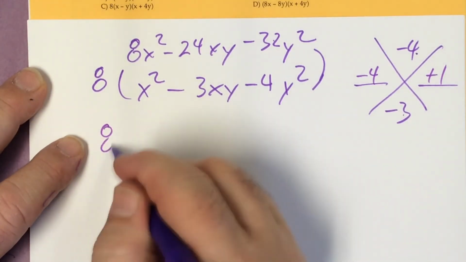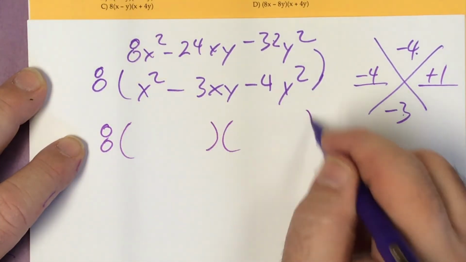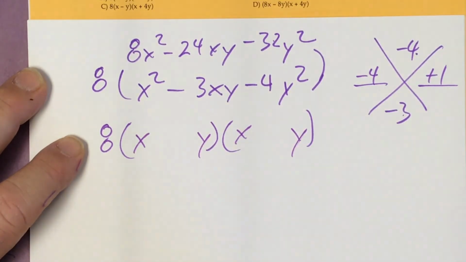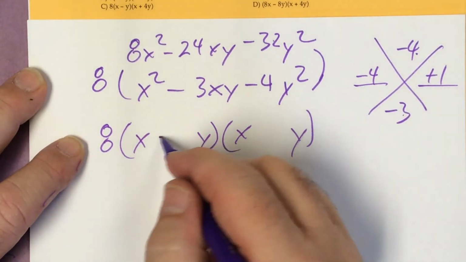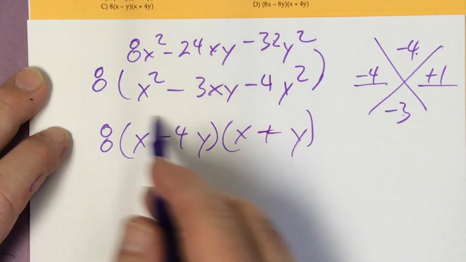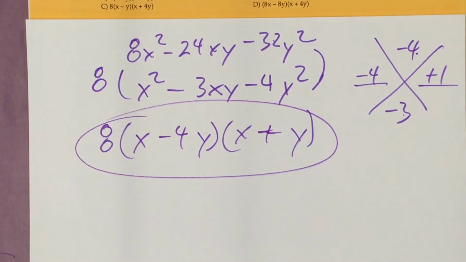So when I write out my factors for this, this will be x, this will be x, this will be y, this will be y. All we need to do is just put the minus 4 in, and then plus 1 we just write as x plus y. And we have our 2 factors for this here.